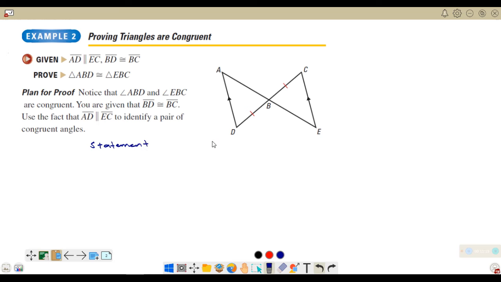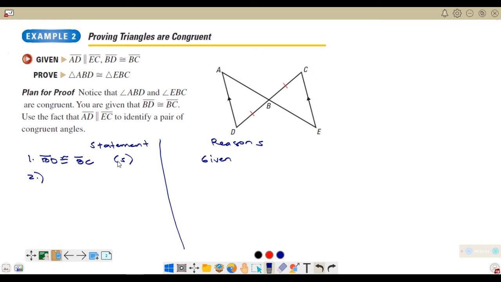So, let's put the statements here and on the other side, we have the reasons. Statement number 1: BD is congruent to BC. Given. And this is one side.